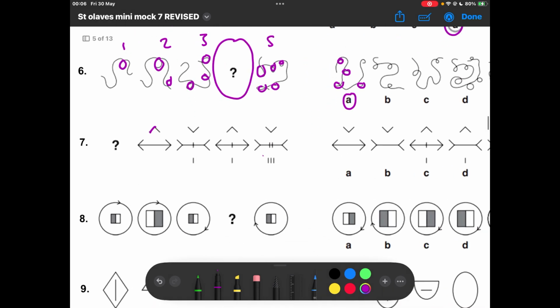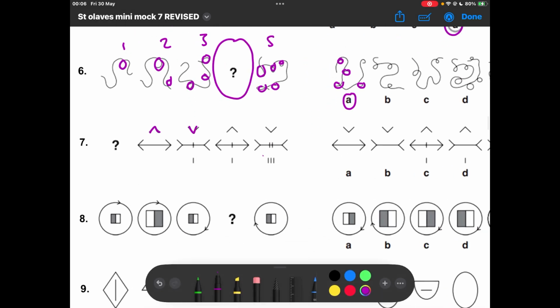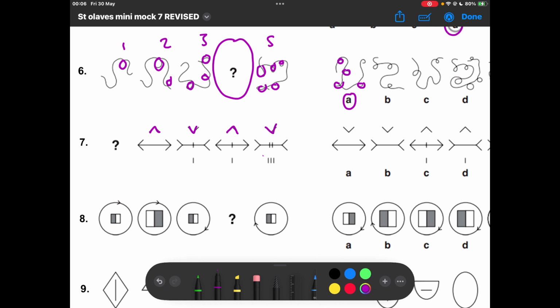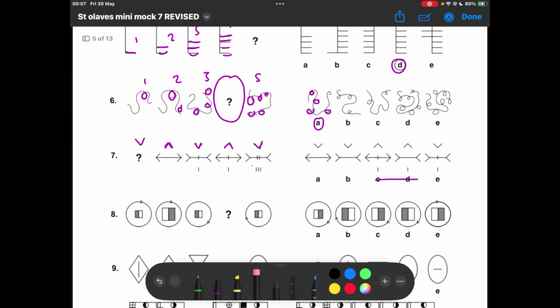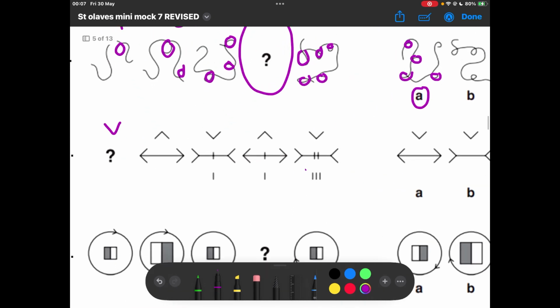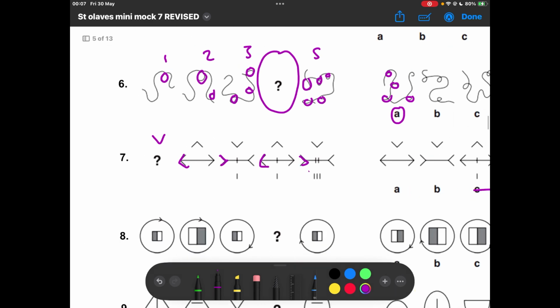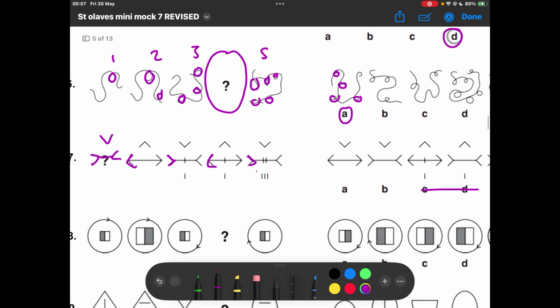Next question. This arrow thing rotates 180 degrees each time, so flips. So it's pointing up here, so it's going to be pointing down here. So we can rule out C and D. Next thing, the arrows go from pointing out to in, so they're going to be pointing in here, like that.